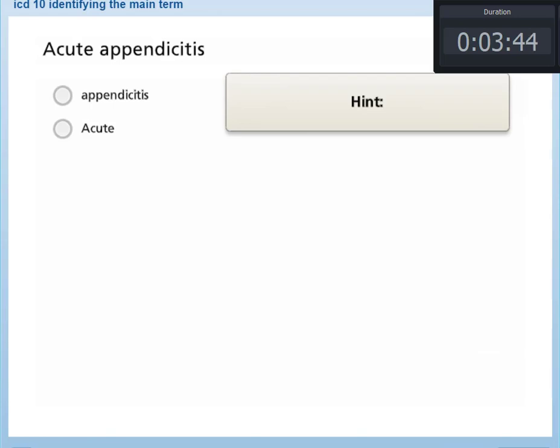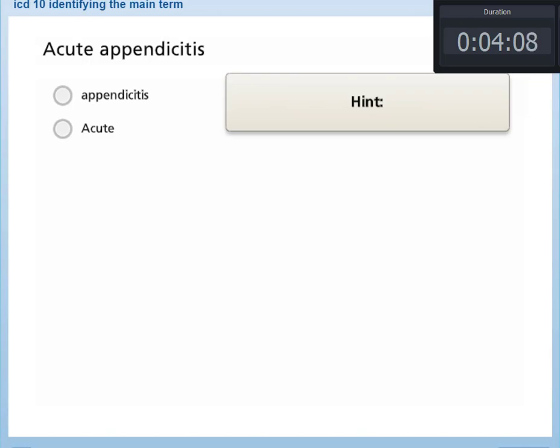Okay, so for acute appendicitis, I want you to also know that acute and chronic are never main terms. They're always either subterms or nonessential modifiers, which are found in parentheses next to the main term. Nonessential modifiers do not change the code.